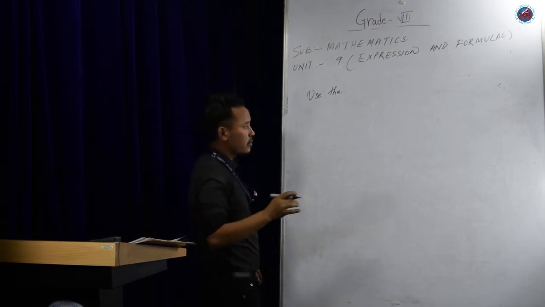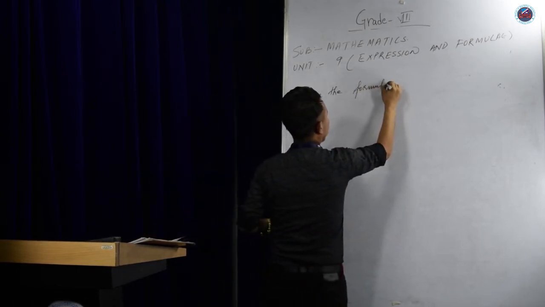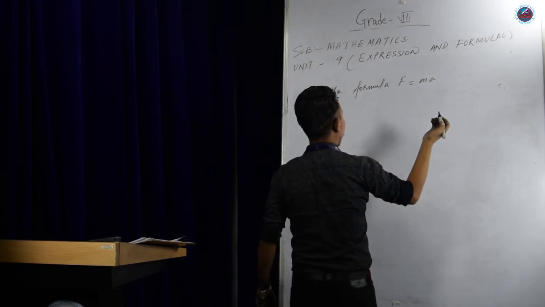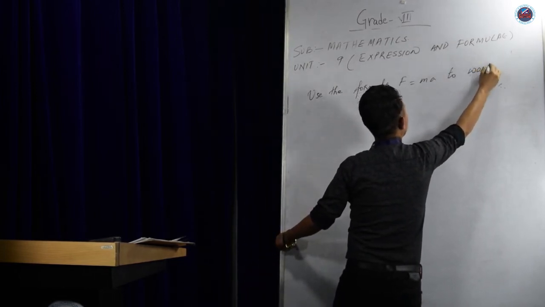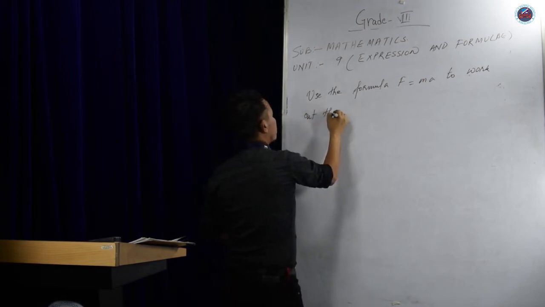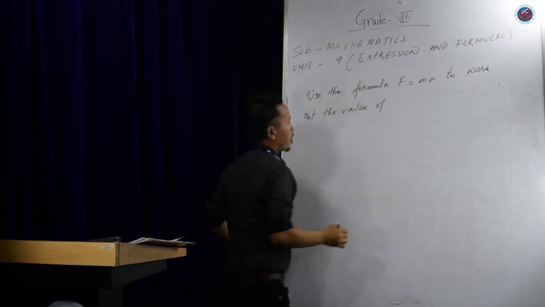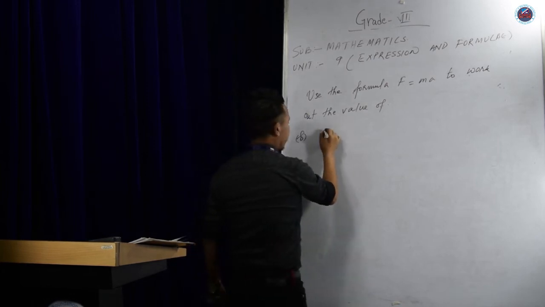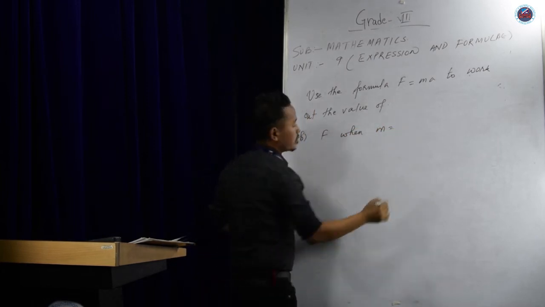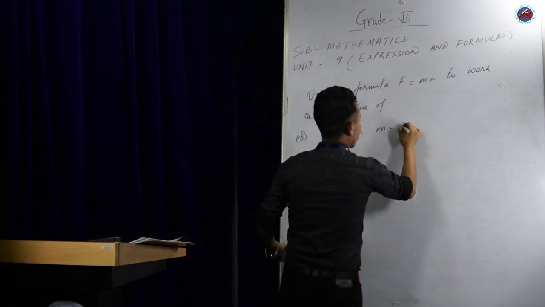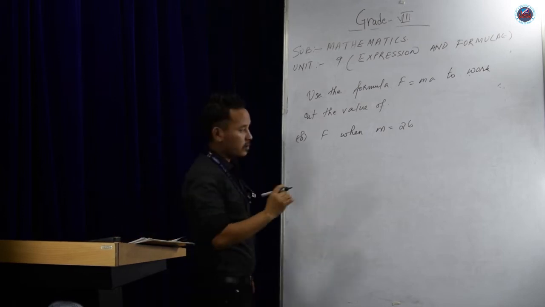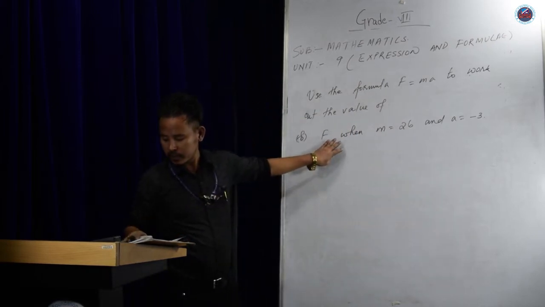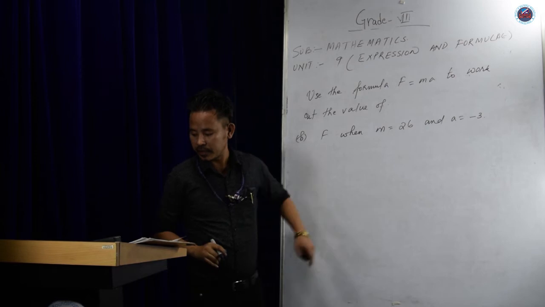Use the formula F equals ma to work out the value of F, let me just take number B, when m equals 26 and a equals minus 3.